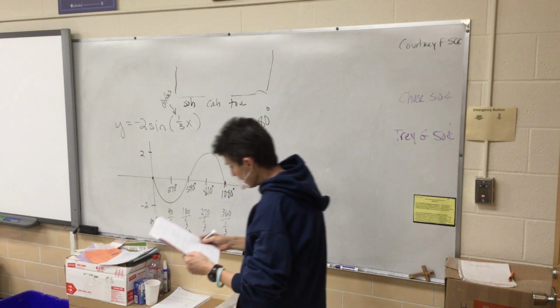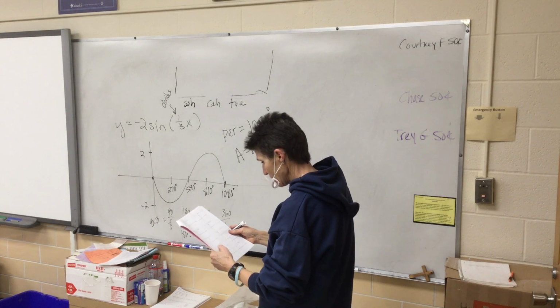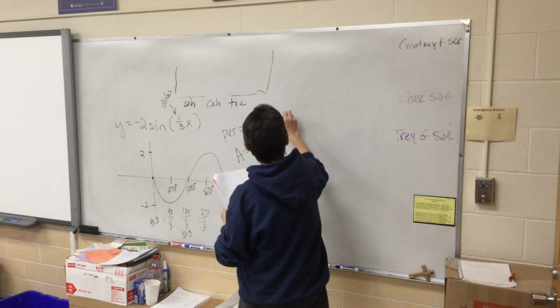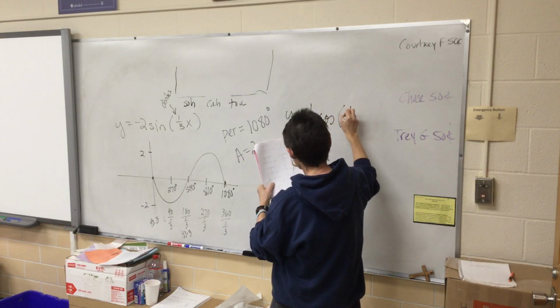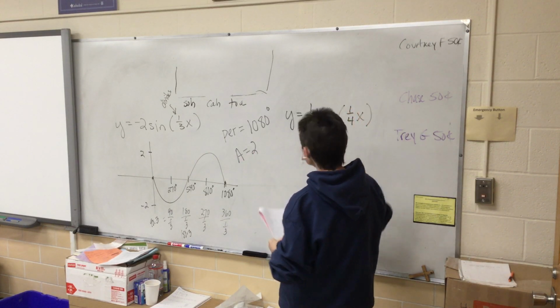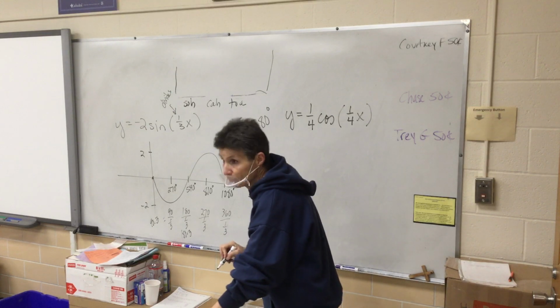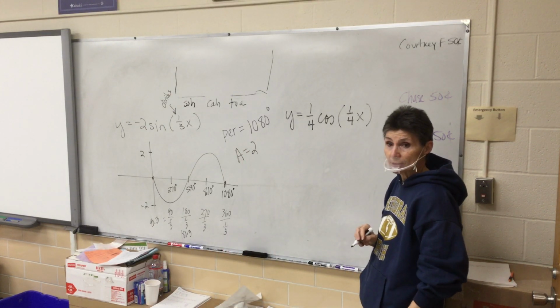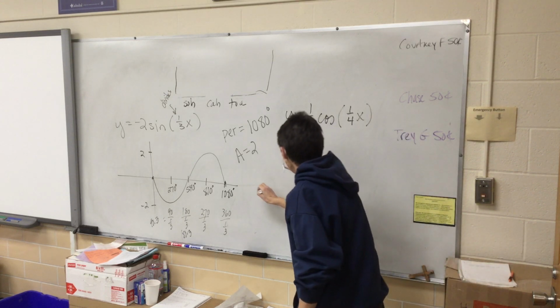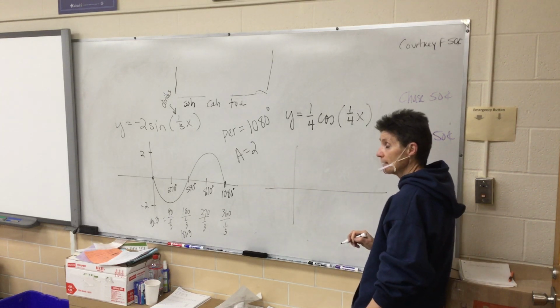All right, that was J, so we're ready for K. So y equals 1/4 cosine 1/4 x. We have two 1/4s in the problem. They do different things. But let's get our cosine drawn first. It's a regular positive cosine.